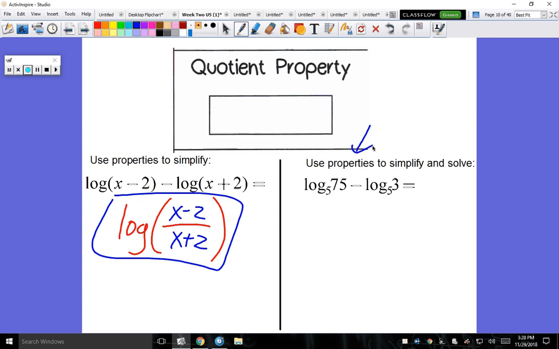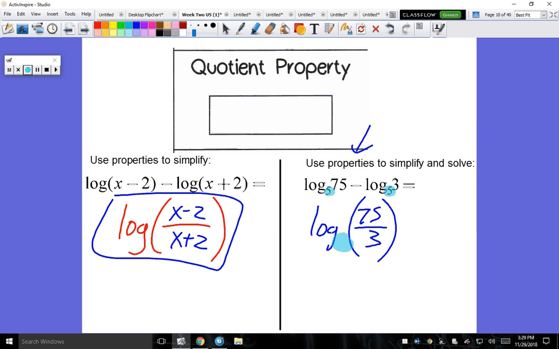What could I do? Yep. But why? How do you know I can combine them together, Kate? Because they have the same base, right? Yes. Now, do you have to write it, Kate?